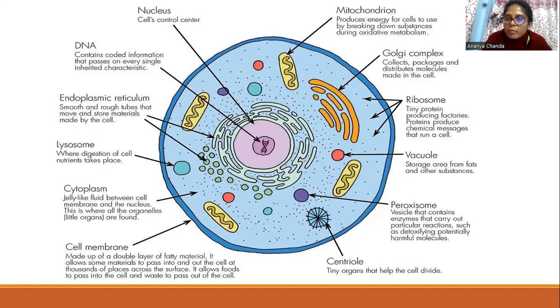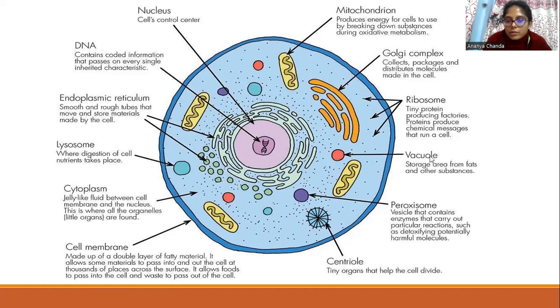Next is the Golgi complex, which collects, packages and distributes the molecules made in the cell. Next is the ribosome, a tiny protein-producing factory that helps in the replication of the cells. Then comes the vacuole. Vacuoles are the storage areas where fats and other substances can be stored.